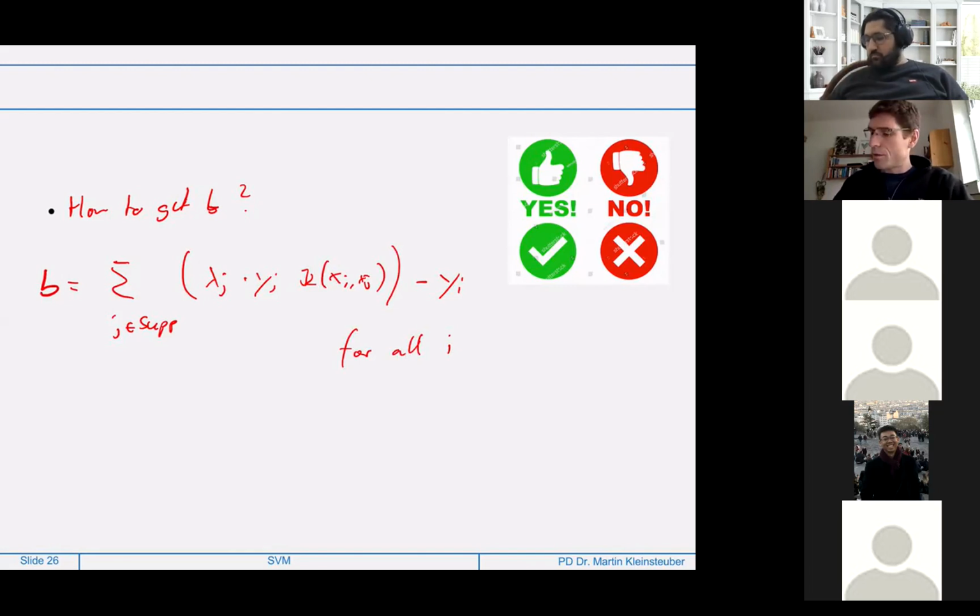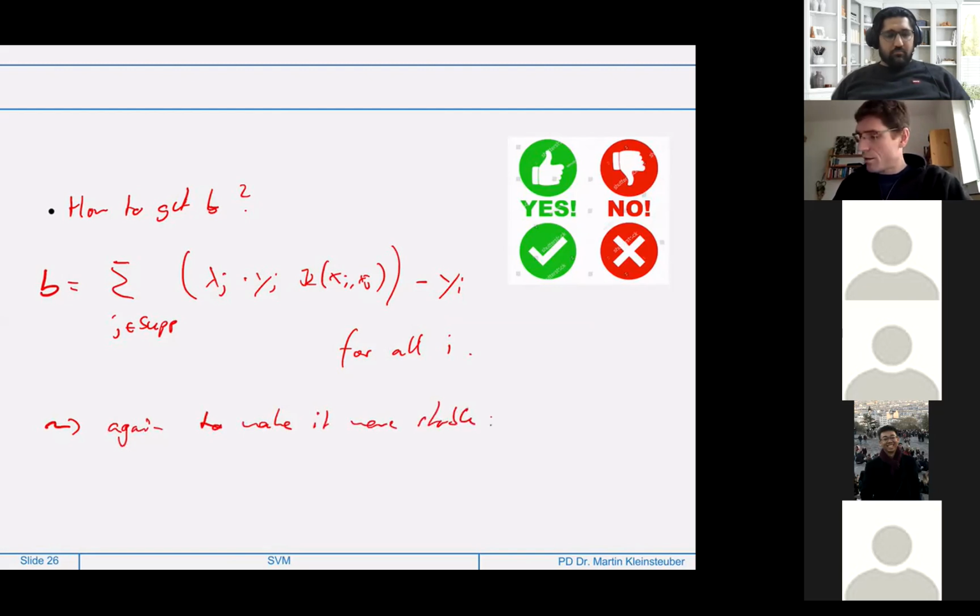And then again, to make it more stable, you can average over all i that lie in the support.